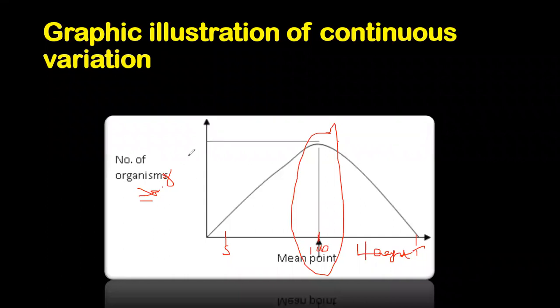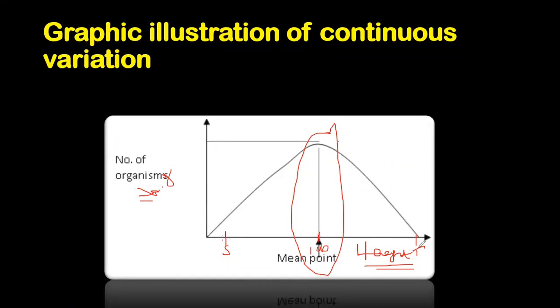So if it's a continuous variable, then we shall get a continuous curve. If you try to plot a given factor such as height, and you count how many people are too short, you get very few.